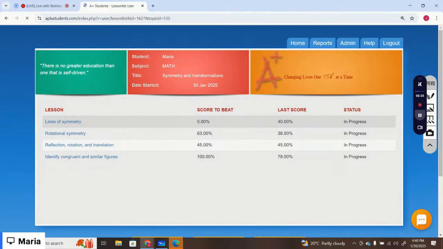So, we were working on grade 5 math. Chapter we were working on is symmetry and transformations.